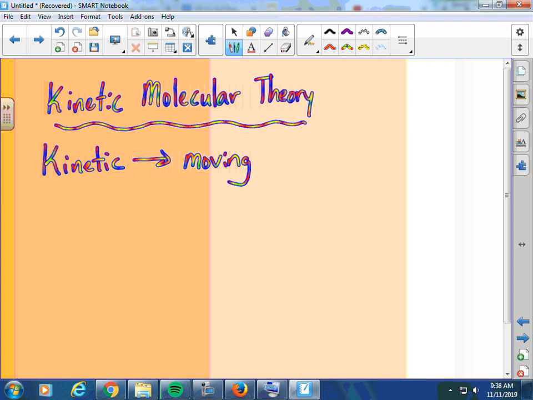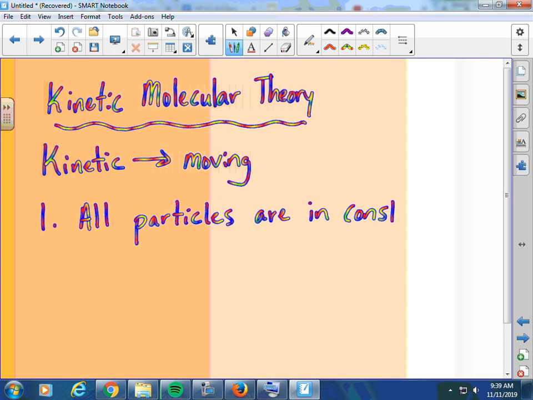First of all, we can understand that all particles are in constant, so all the time, random motion.